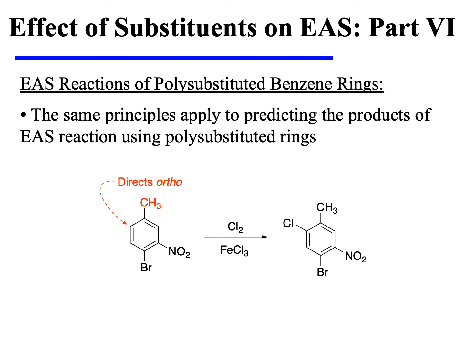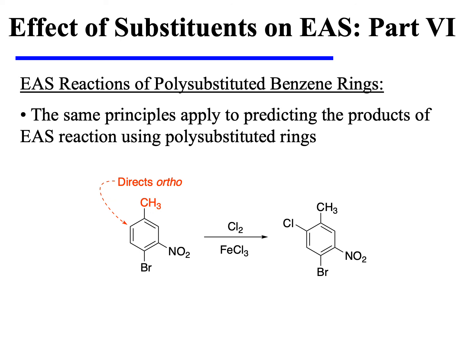The same principles apply to predicting the products of EAS reaction using polysubstituted rings. In this situation, we have a tri-substituted ring where the substituents include a methyl group, a halogen, and a nitro group. The nitro group is strongly deactivating.